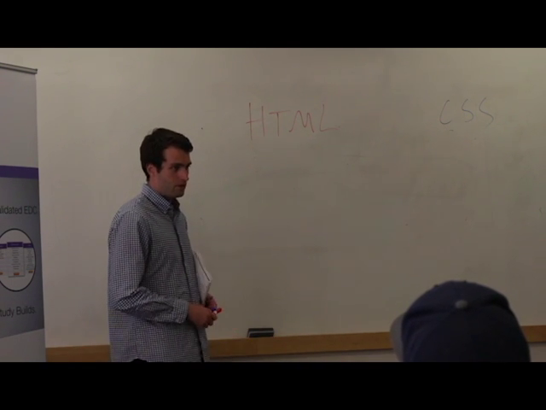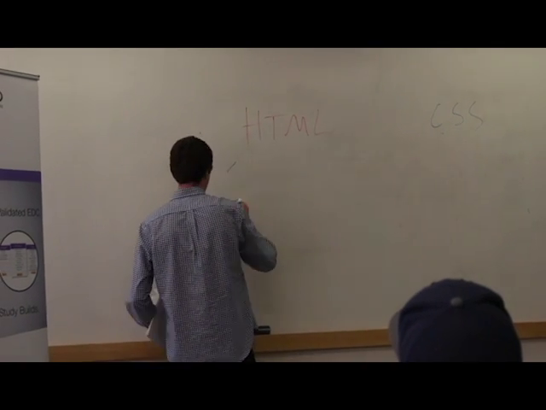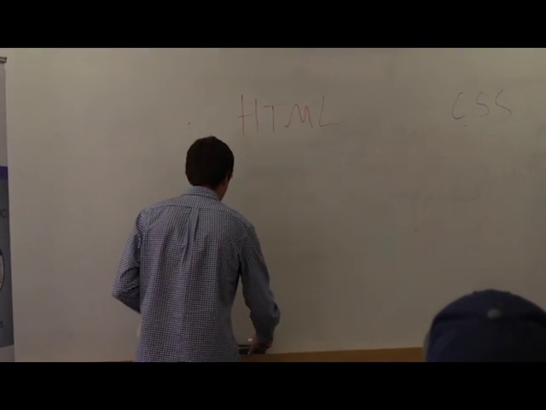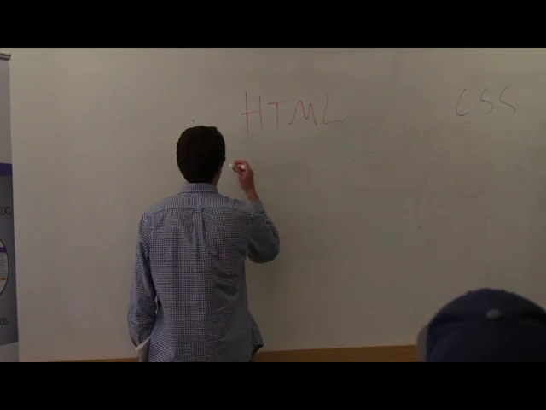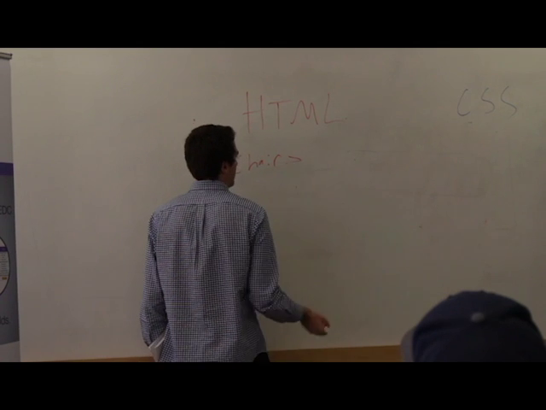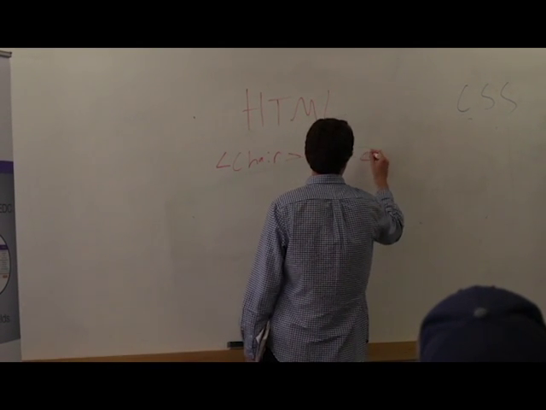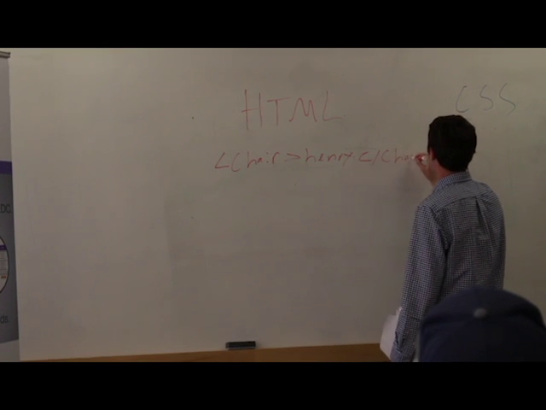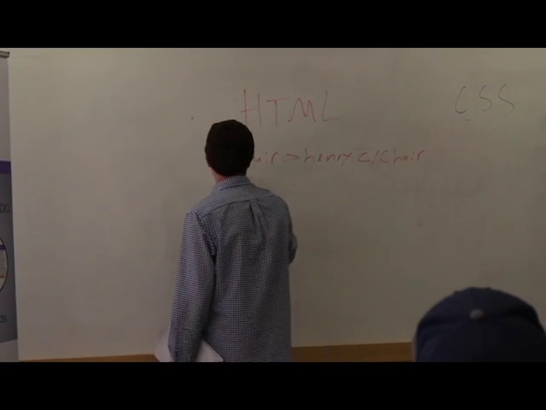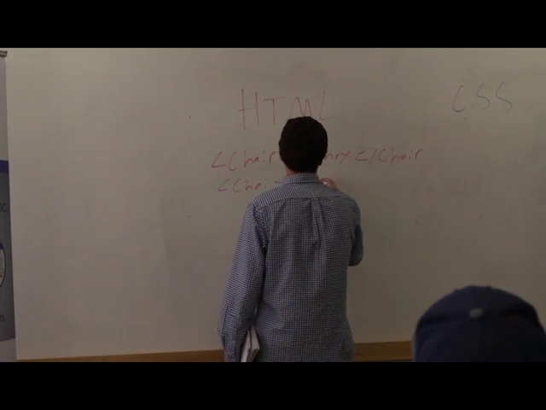So let's talk about chairs. Let's say in this HTML file, let me write it red, we have this chair. Let's just put text, myself, closing chair tag. And we have a whole list of these. I'll just write this one for now.